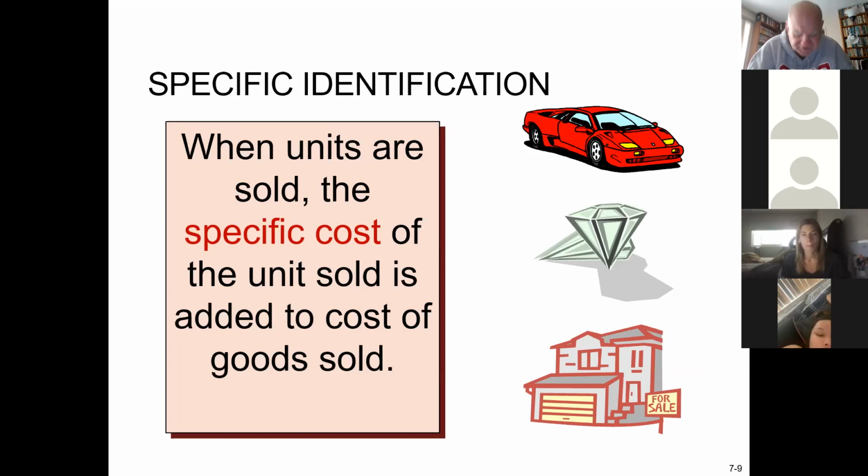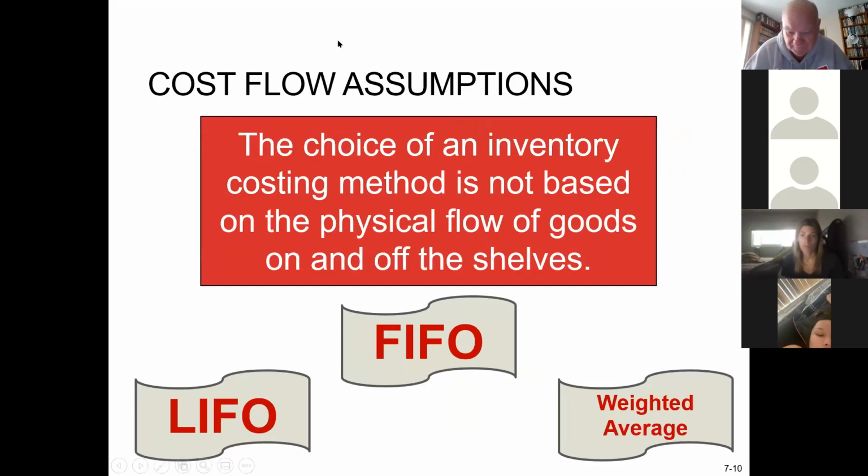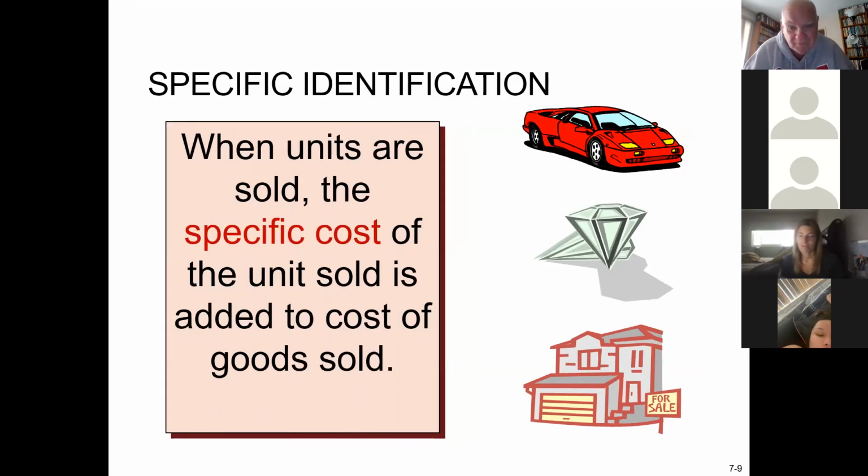The first one they're presenting here is called the specific identification method. When the units are sold, the specific cost of the unit sold is added to the cost of goods sold. That's a little jargon to you right now. What that means is the specific identification method is the only method where the physical movement of the goods matches the way we're costing it.